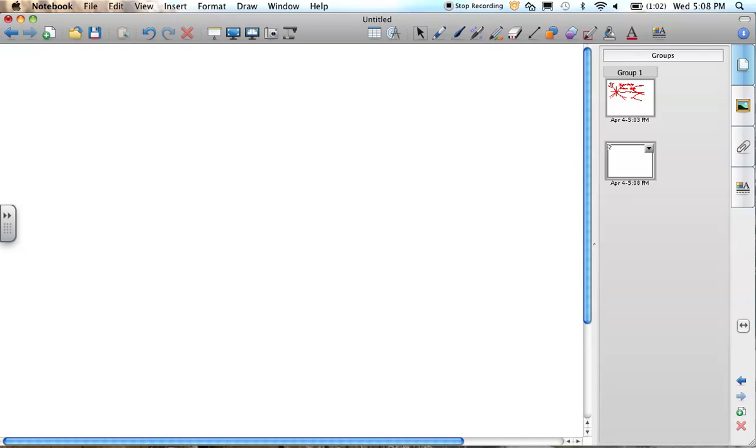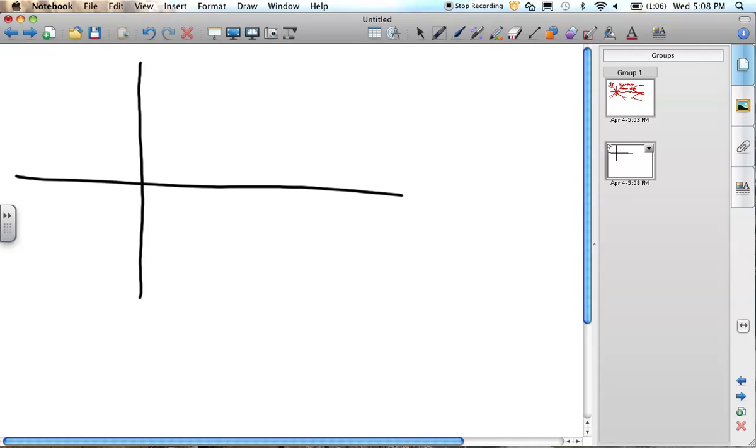Okay. Let's take a look at what we've got with hyperbolas. Like everything else, we're going to start out with some basic vocabulary. We're going to have two vertices.